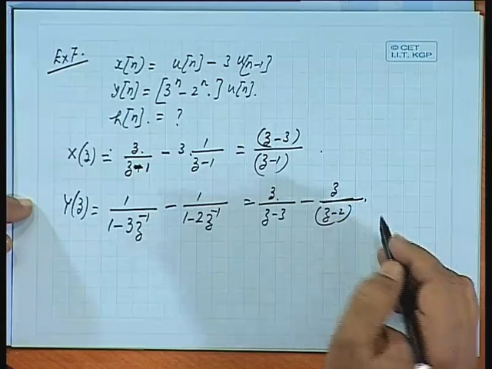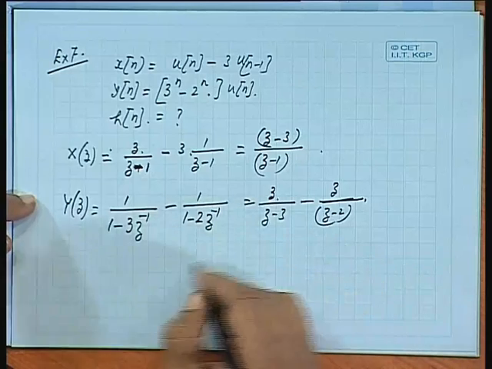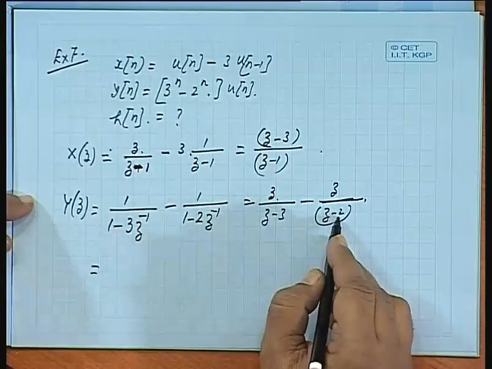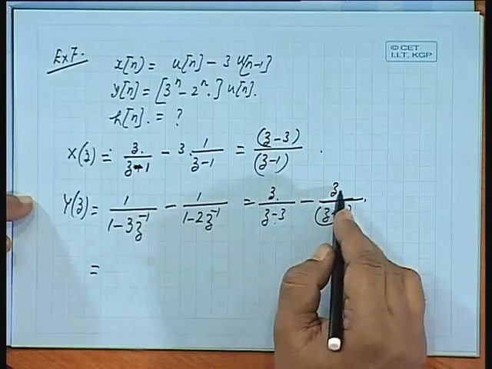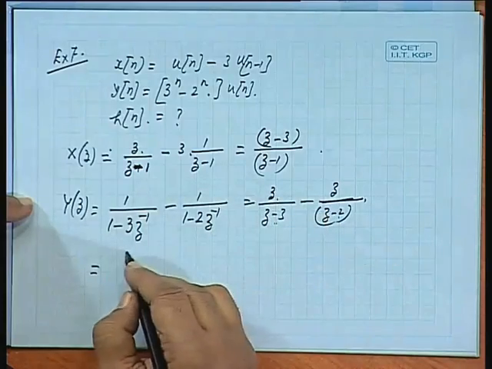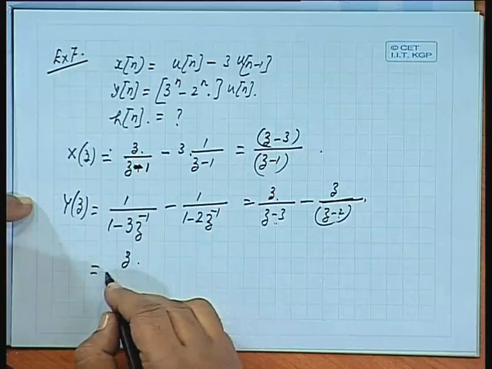Correct me if I am wrong. Is that all right? So, that gives me z minus 2 minus z minus 3, so plus 1 by z minus 3 into z minus 2, and z can be taken out.